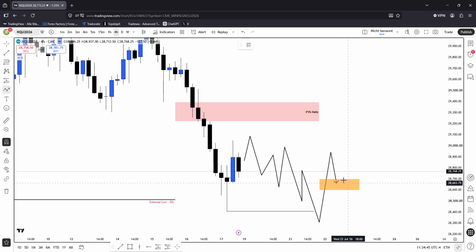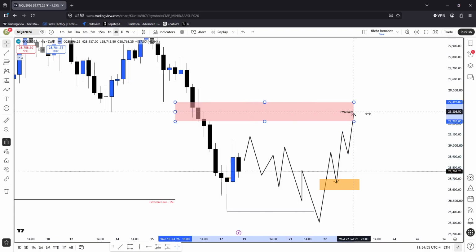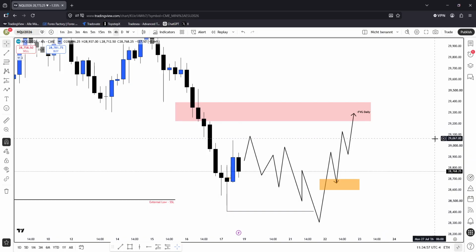Then, if we get this form of confirmation after the sweep here, we can look for longs back inside this fair value gap. But that's only valid if we don't have a tap of this fair value gap here.